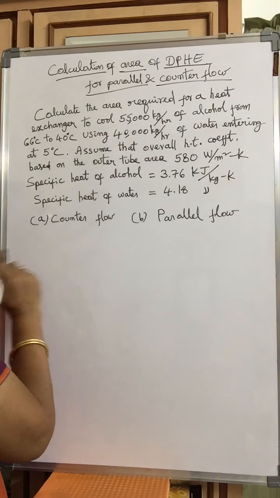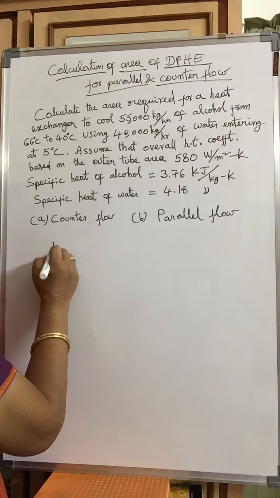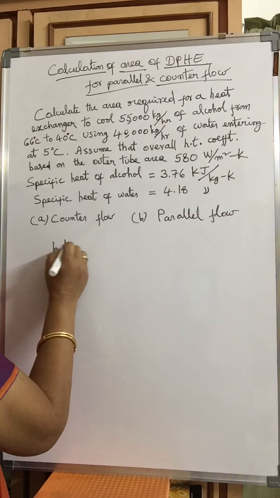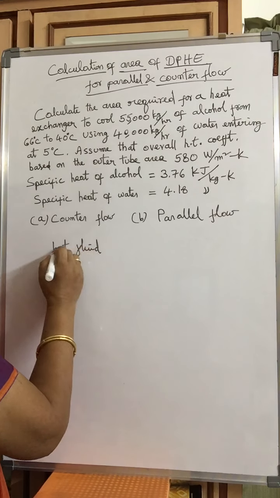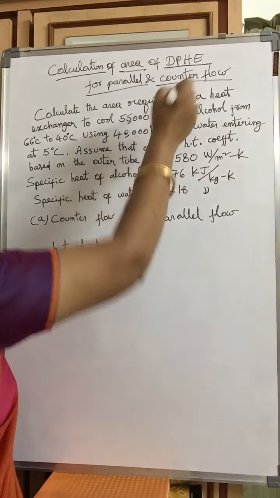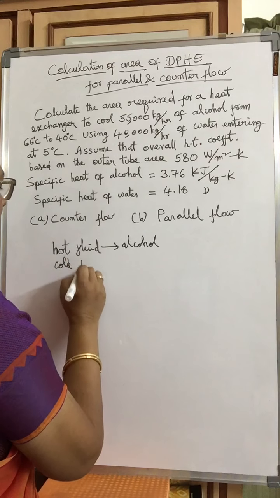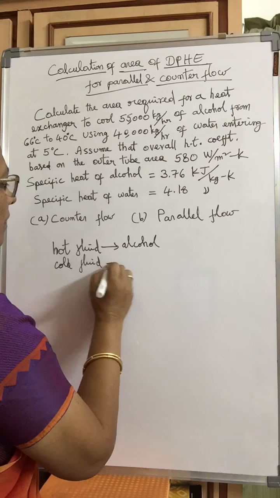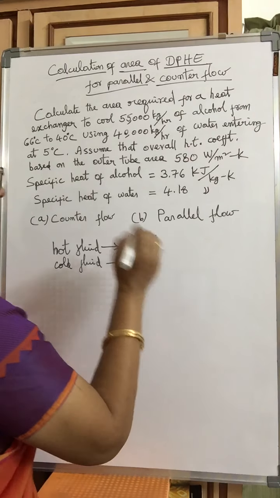So first we shall start with which one is hot fluid and which one is cold fluid. So hot fluid is alcohol and cold fluid is water.